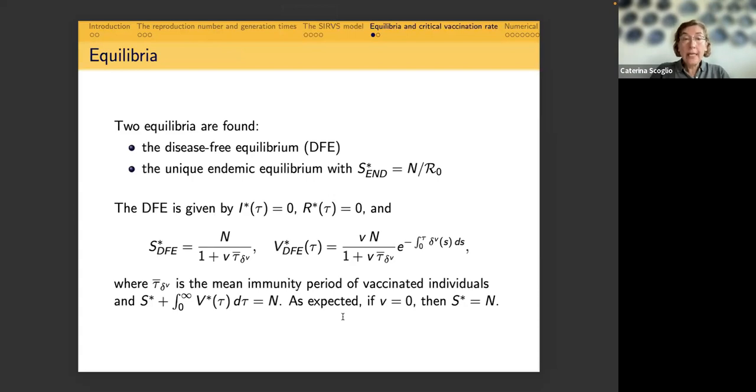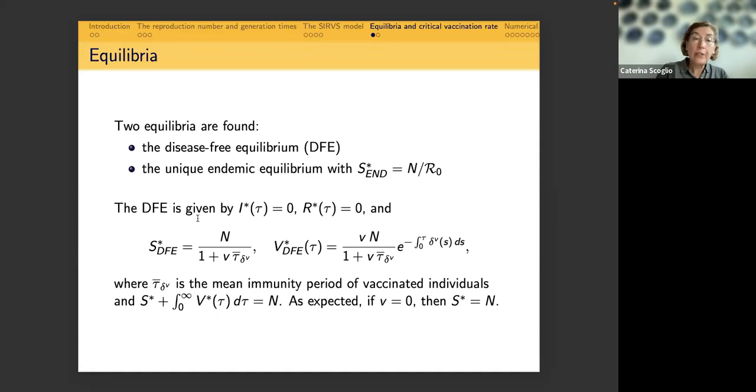In this case, for this model, two equilibria are found: the disease-free equilibrium and the unique endemic equilibrium, with the number of susceptibles in the endemic equilibrium being the usual N over R naught value as in the SIS model.